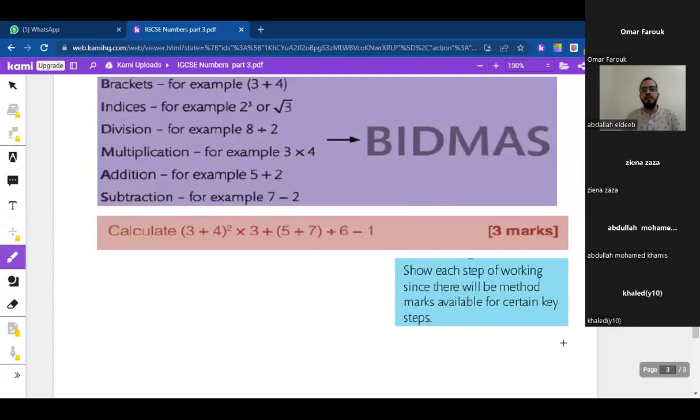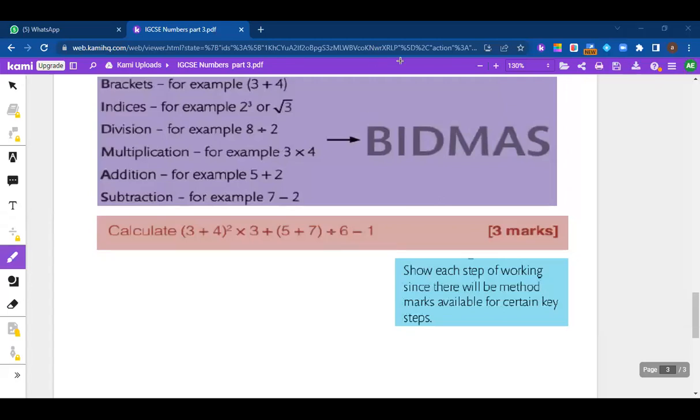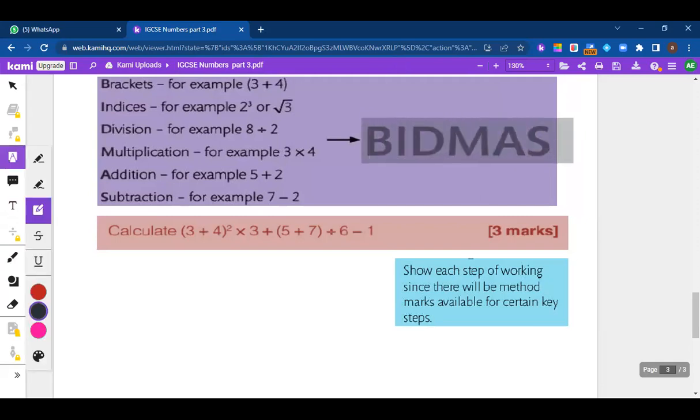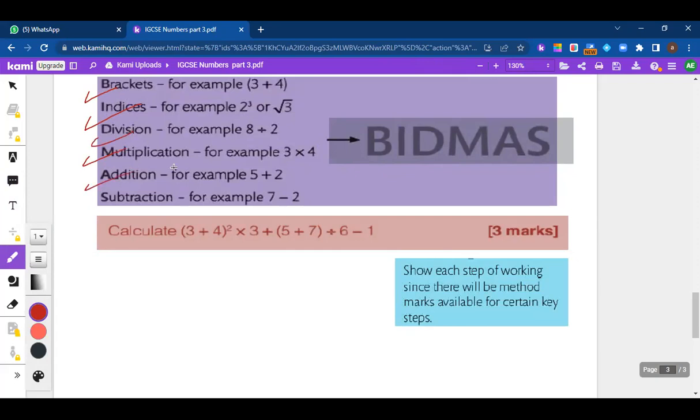In order of operations, we use the word BIMDAS. And BIMDAS or BIDMAS, it's the same. B for brackets or parentheses, I for indices, M for multiply, D for divide, A for addition, S for subtraction.